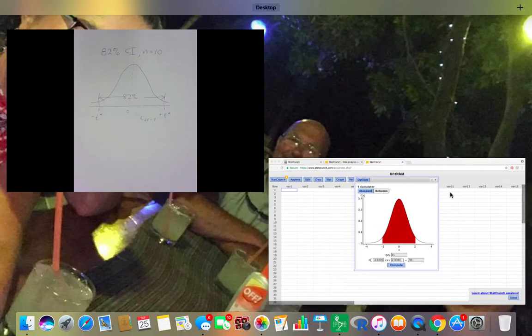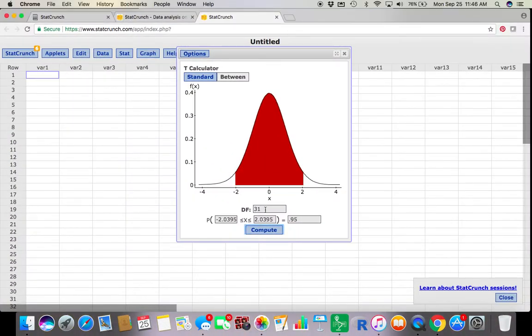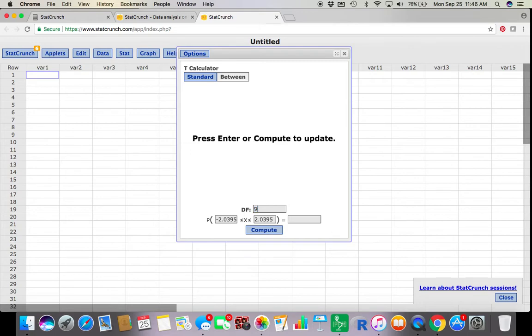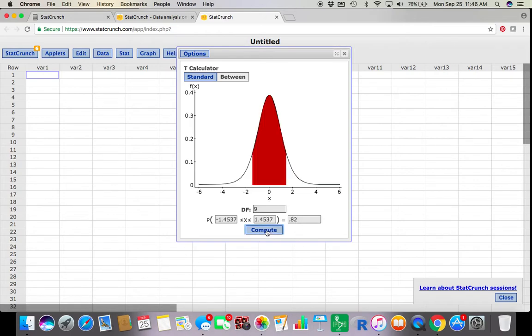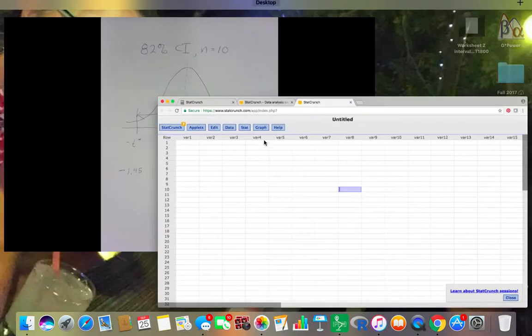Again, it's easy when we've got this option in StatCrunch. Degrees of freedom 9, we need 0.82 and hit compute. So negative 1.45 and positive 1.45. For technical accuracy, you would just go further out if you were making the calculations by hand. So guys, pretty simple stuff.